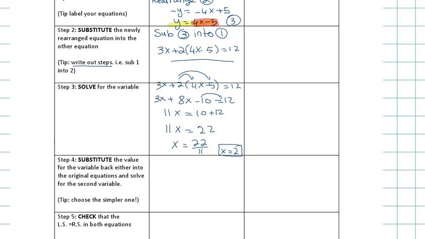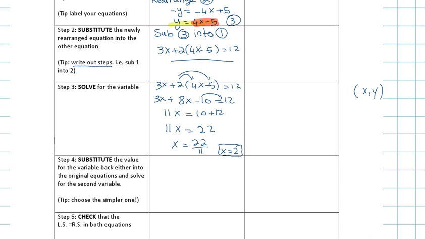Now, to find a point of intersection, I need x and y, right? A point of intersection is x, y. So I found the x, now I need to find the y. To find the y, I need to substitute the value of the variable back either in this equation or in the original equation.